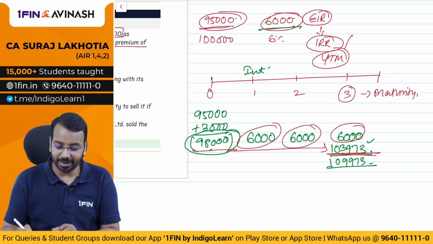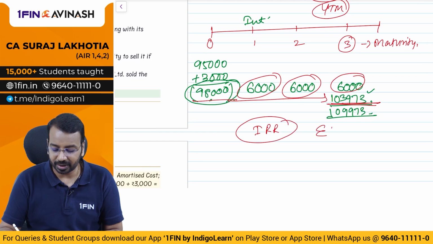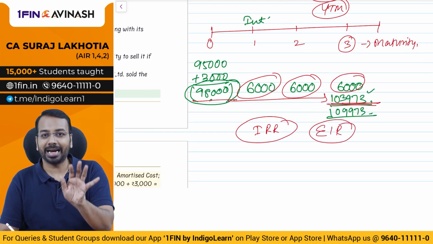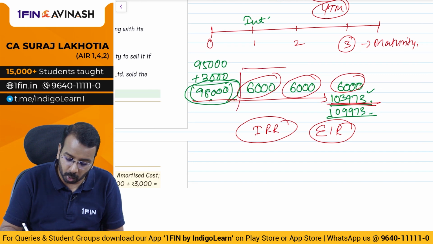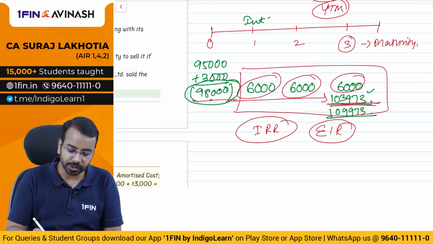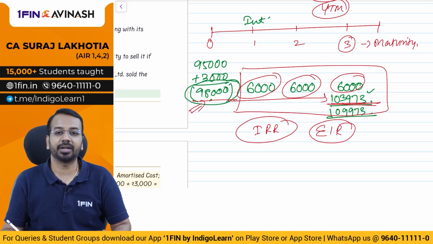So then how to calculate? We calculate using IRR or effective interest rate. Basically, we have to compute a rate at which, when I discount all of these inflows, I will get 98,000. That is what is called effective interest rate.